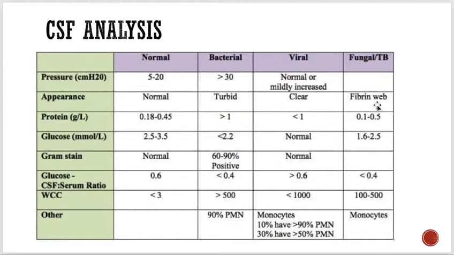Then of course we can go for microscopy. Microscopy is done to see what kind of cells are there and how many cells are there. They take the CSF, see it under the microscope, and measure how many white blood cells and red blood cells are there.